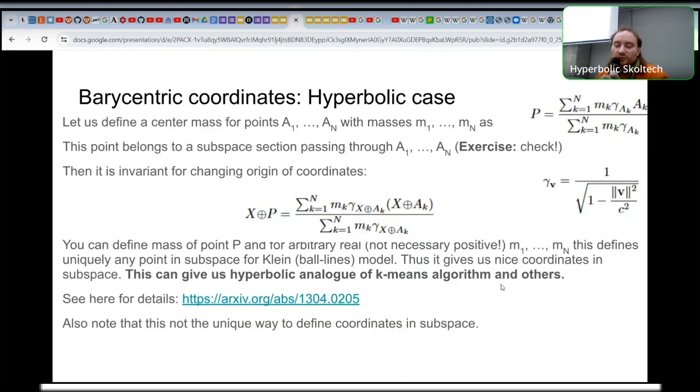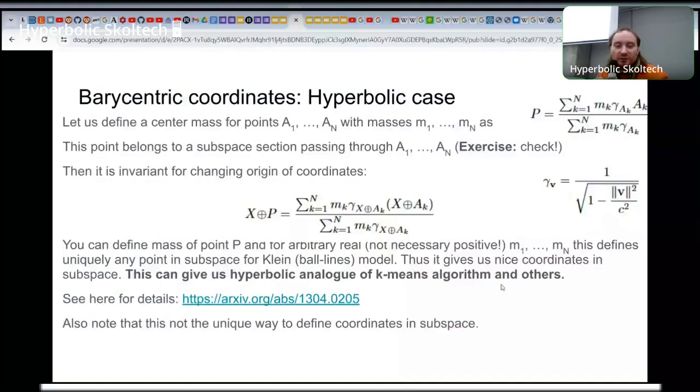So you may work with your linear algebraic algorithms in hyperbolic space, or at least you can define some analogs.